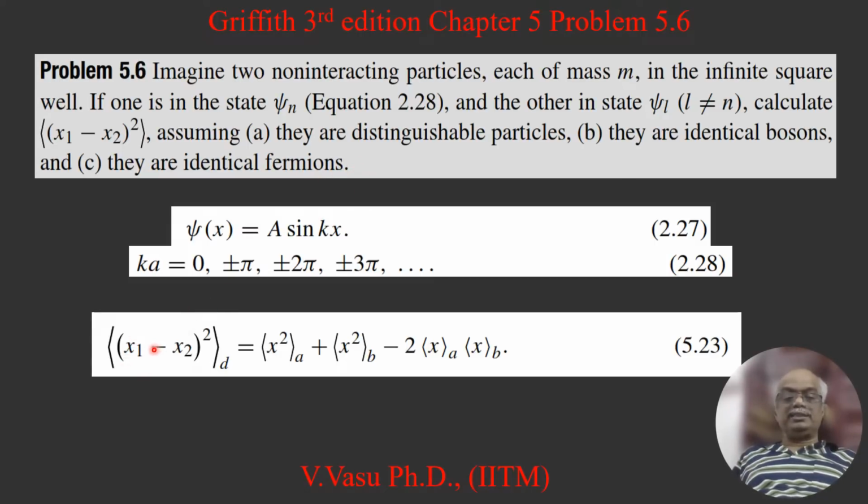If the particles are distinguishable, the expectation value of (x1 minus x2) whole squared is equal to the expectation value of x squared for particle A, plus the expectation value of x squared for particle B, minus 2 times the expectation value of x for A and the expectation value of x for B. You can realize that if the particles are distinguishable, A and B are not in the same state, so you can easily verify this equation.